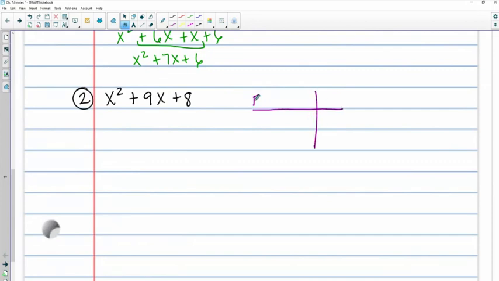And we want to know the factors of 8 to give you the sum of 9. Well, the factors of 8, we know it's 1 times 8. 2 times 4. There's no 3. And then 4, it rounds. It goes back in a circle.